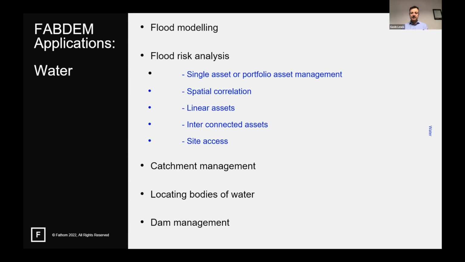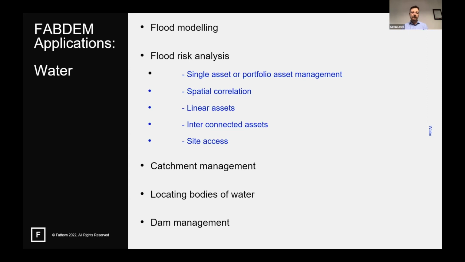And simple things like site access. Again, you might have a very protected or a large site. That could be a manufacturing plant, it could be a warehouse, it could be a hospital or a campus for a university. So how do you get in and out of those sites? So that's related specifically to flooding, but of course it's much wider than that in the water arena.